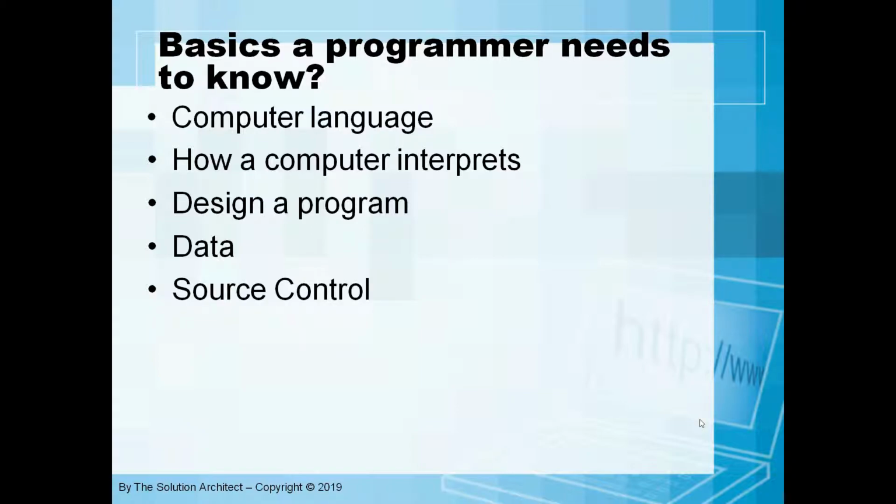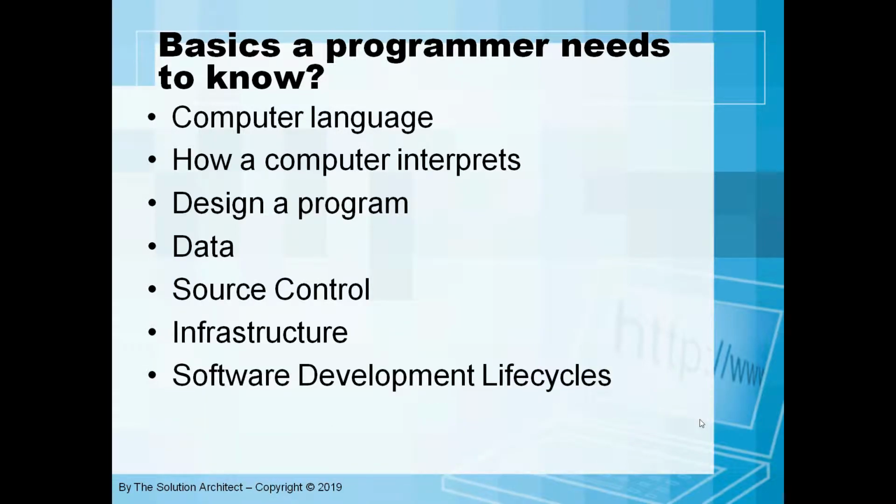They need to know how to use source control, and understand what infrastructure is. They need to understand the software development lifecycle, and how to package, publish, and run your program. There's much more that a programmer can and needs to understand, but this is the basics.